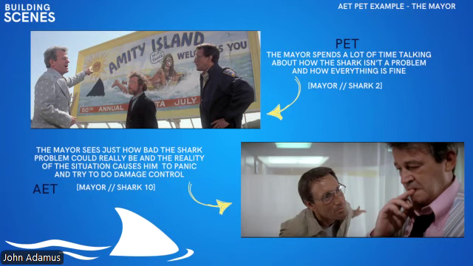So the mayor's perception of how big a problem the shark is, because that's the point of this scene, the mayor thinks it's like a 2 out of 10. Not the, whatever, it's a shark, fine, they're upset about it, but it's not like serious. The story progresses, the scene progresses.